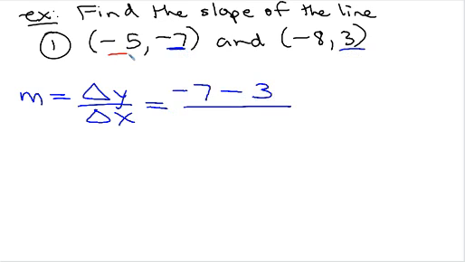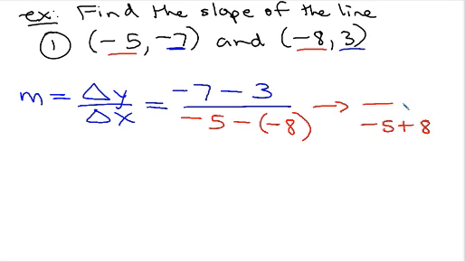I'll do that in red. The change in x is -5 minus a -8. Notice I'm writing it as minus a -8 because a lot of people get in a hurry and ignore that fact, and they miss the fact that this becomes -5 plus 8 on the bottom. Be careful with your steps even on this simple math.